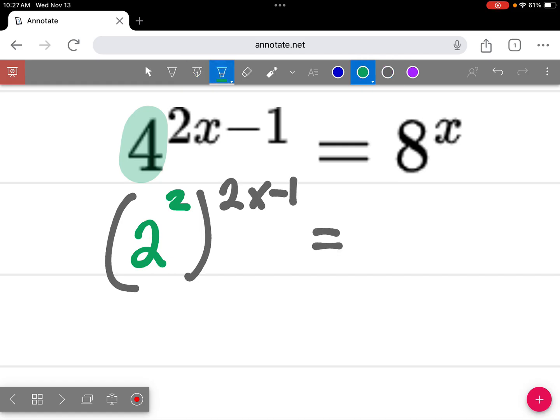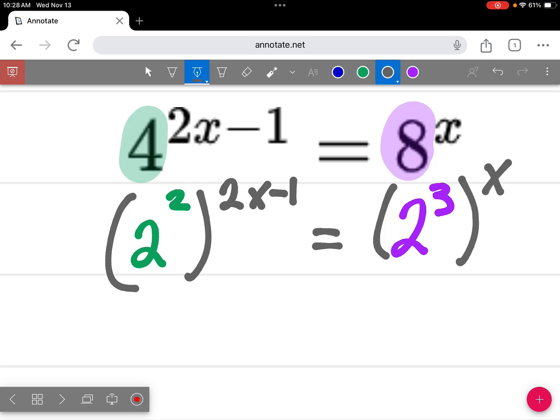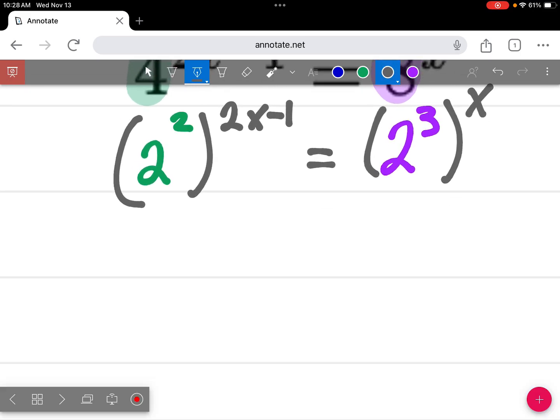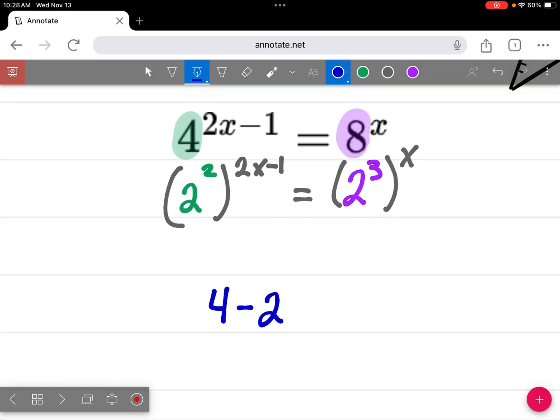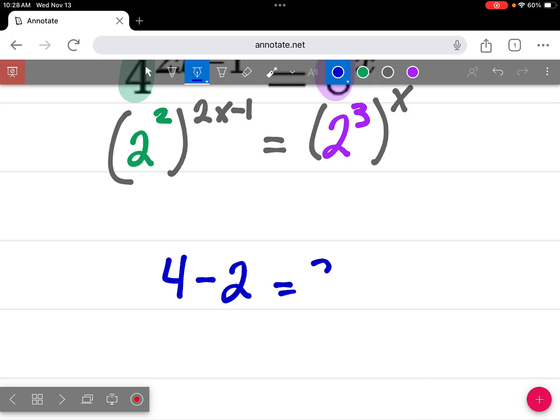And we can write 8 as what? 2 to the third, to the x. So what are my two statements that we're going to set equal to each other? 4x minus 2 equals 3x. It's 4 minus 2. Sure is.